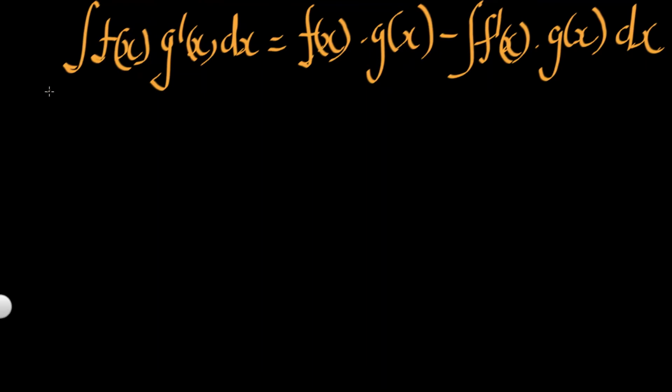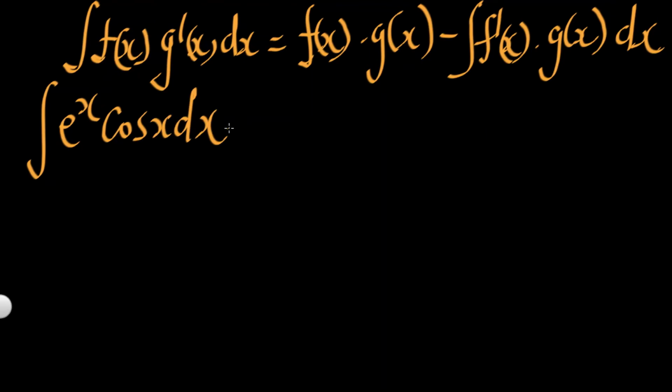So this means the integral of e to the power x cos x dx. All I'm doing now is substituting my f of x, my g prime of x, and my g of x into this formula for integration by parts.